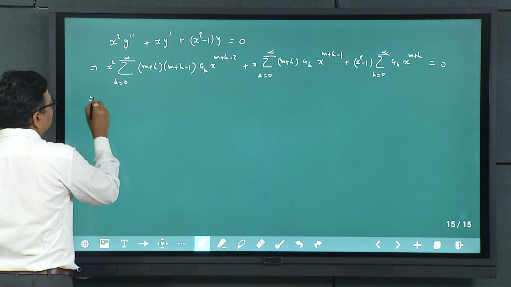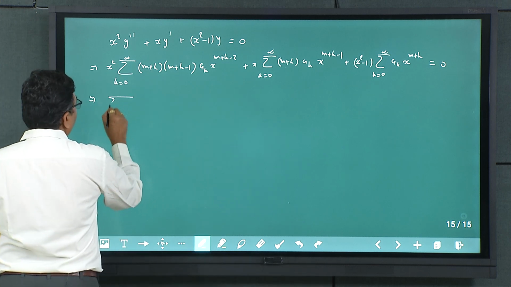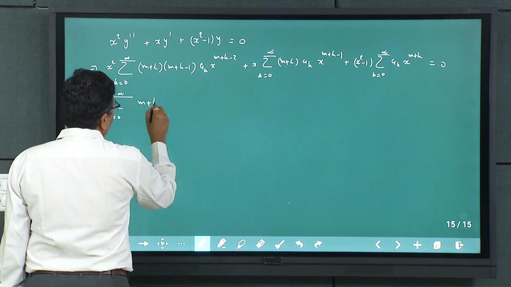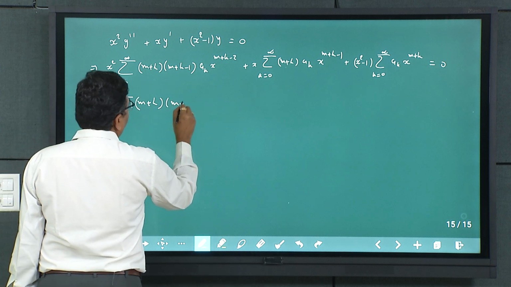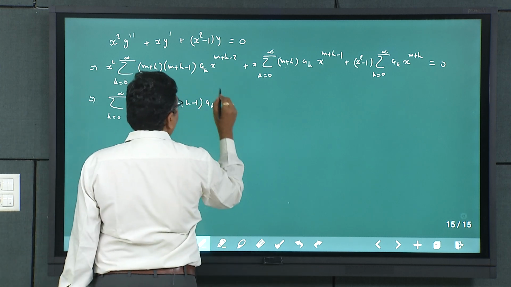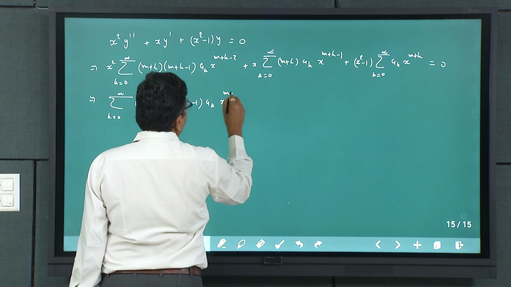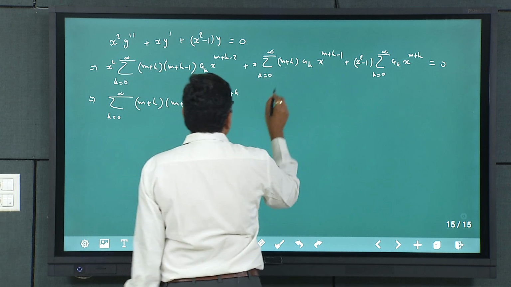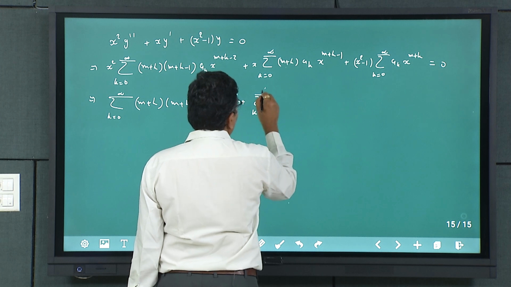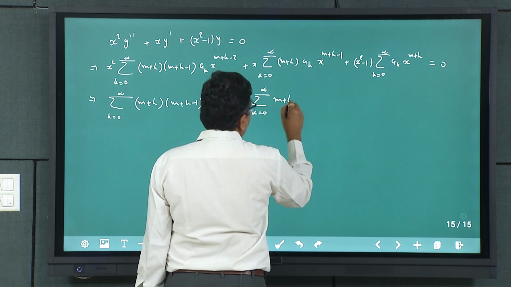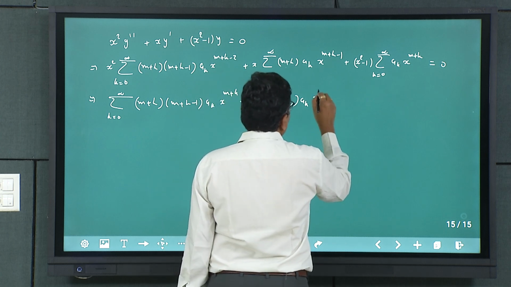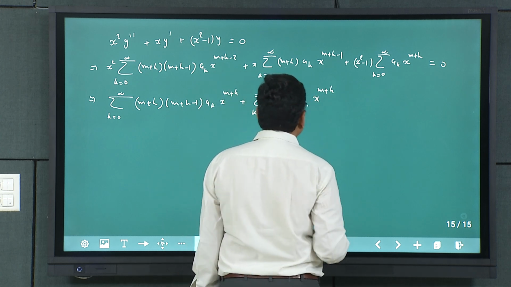So this implies sigma k is equal to 0 to infinity m plus k into m plus k minus 1 ak, multiply this by x square, that is x raised to m plus k, right, multiply by this x, so plus sigma k is equal to 0 to infinity m plus k ak x raised to m plus k, right.